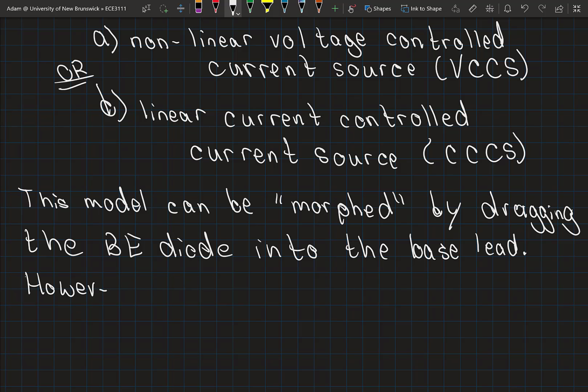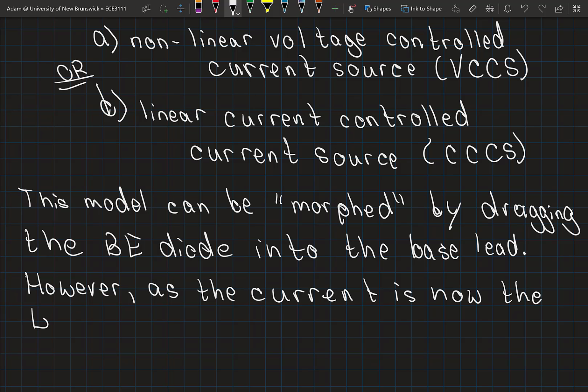However, the current is now the base current rather than our emitter current.